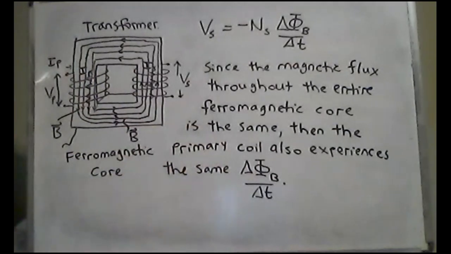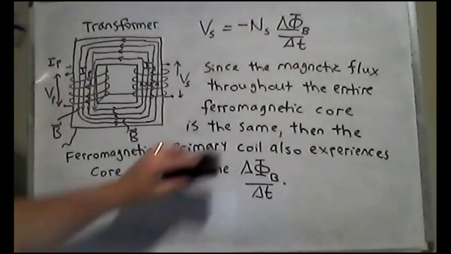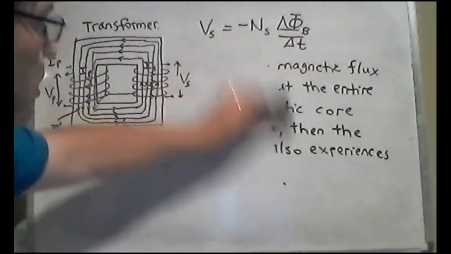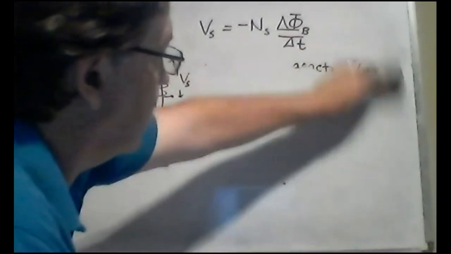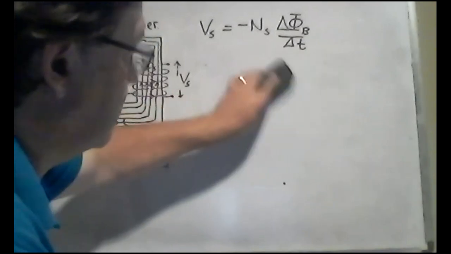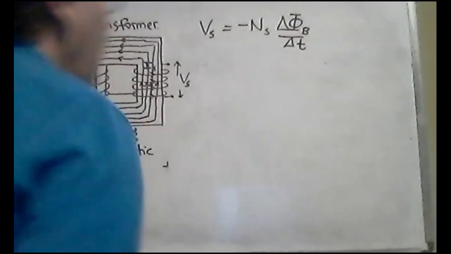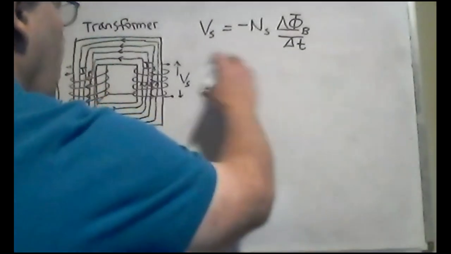Now, let's remind ourselves, this entire process is being driven at the primary coil. So what kind of relationship can I have at the primary coil? It turns out that there is something, and we're going to talk later when we talk about inductance, called self-inductance. So we can write the following.